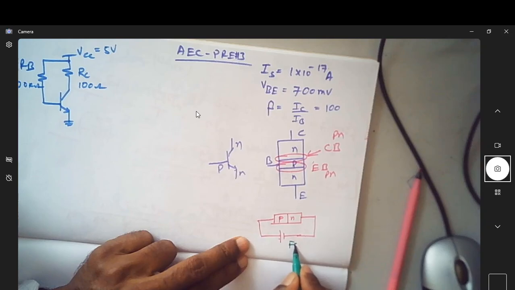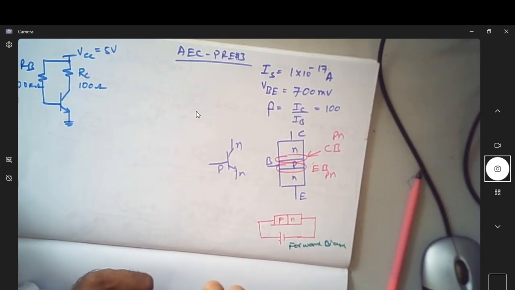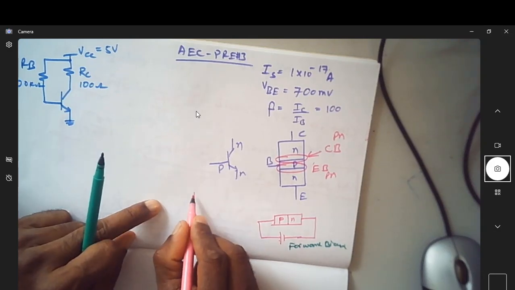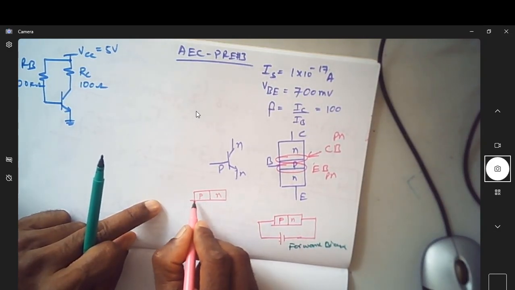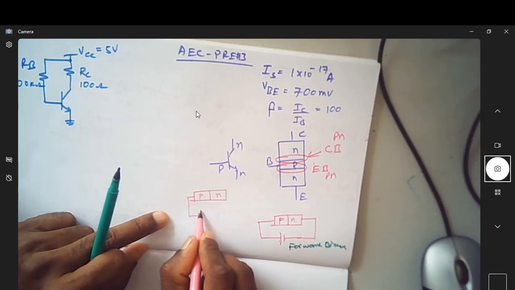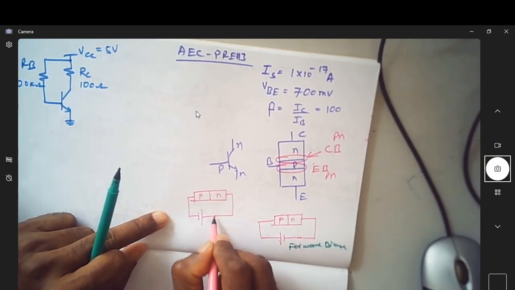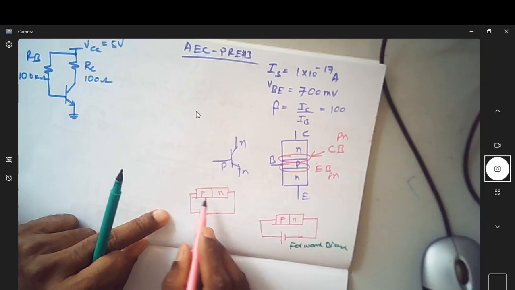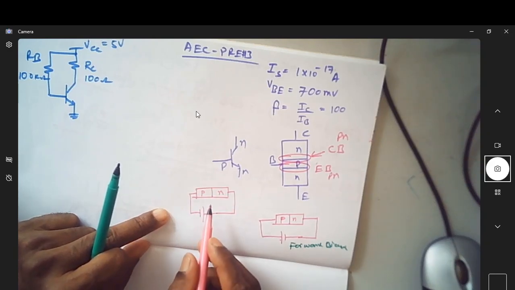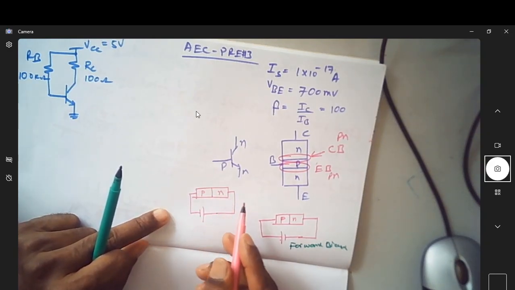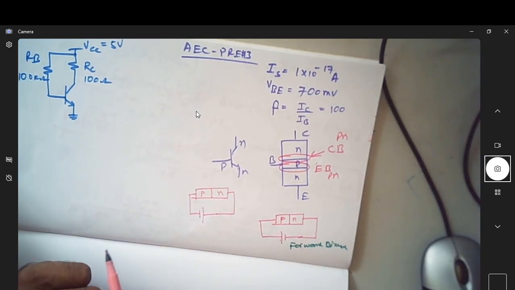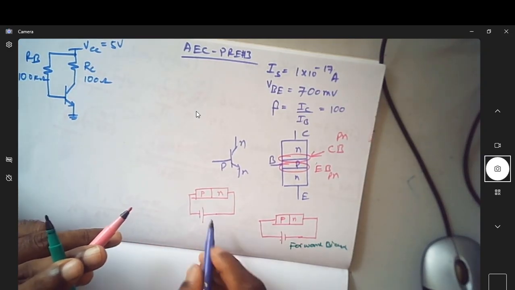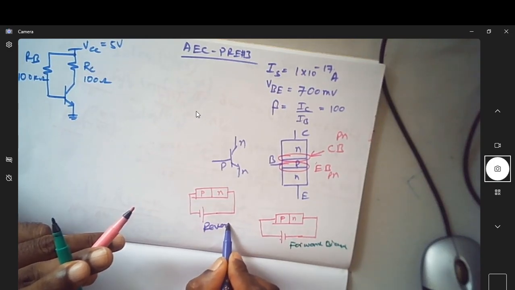When P is getting negative and N is getting positive, so N is more positive than P, then we call it reverse biased.